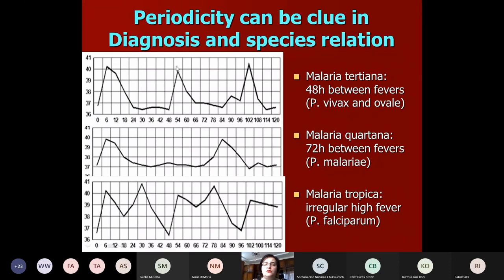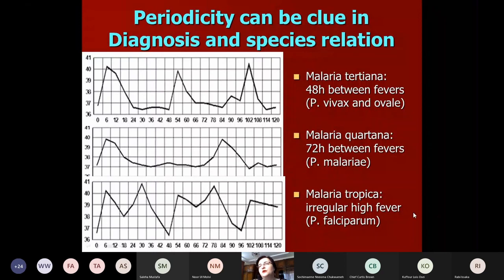Each attack will be on the third day, that's why tertiana. Malaria quartana, caused by Plasmodium malariae, occurs each 72 hours, each fourth day. That's why quartana.